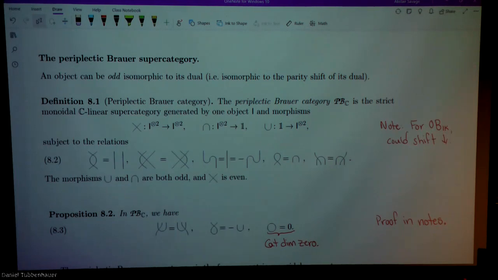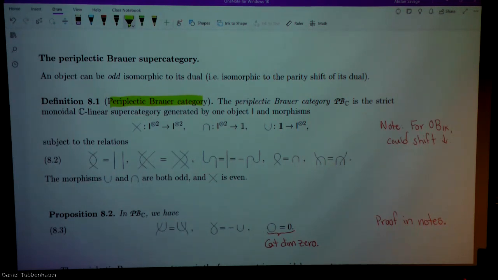That's something that only exists in the super world. If you repeat how you would deduce the Brauer category, but under this motivation that you want a universal category where the object is isomorphic to the parity shift of its dual, you get what's called the paraplectic Brauer category.